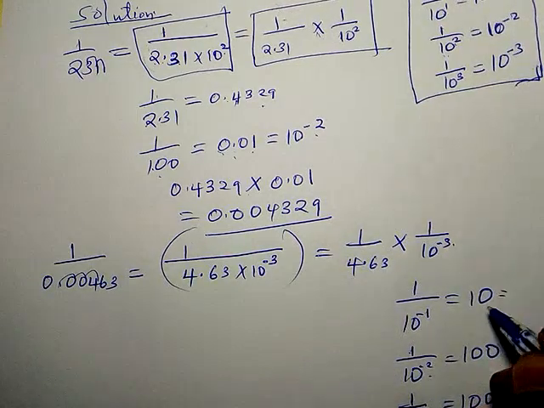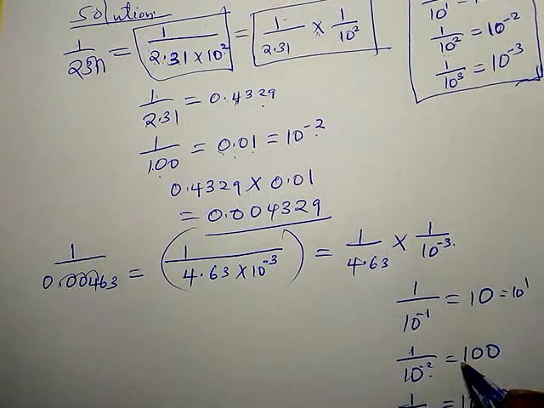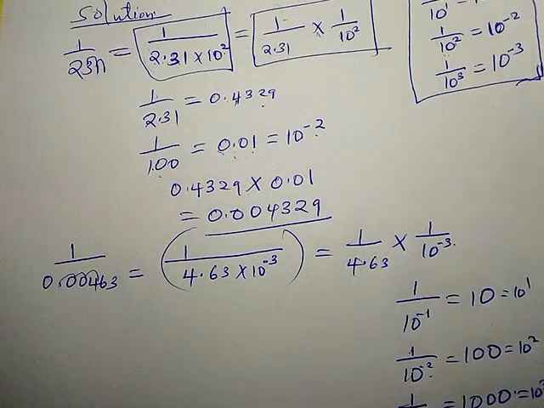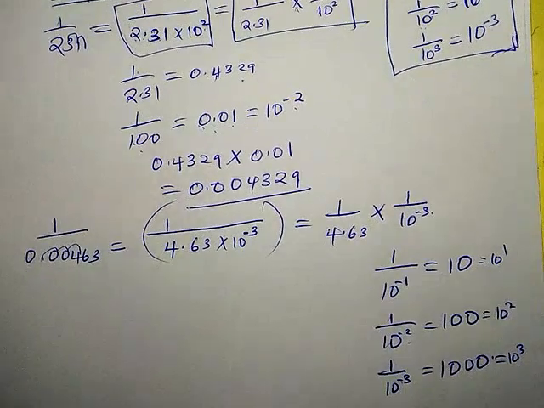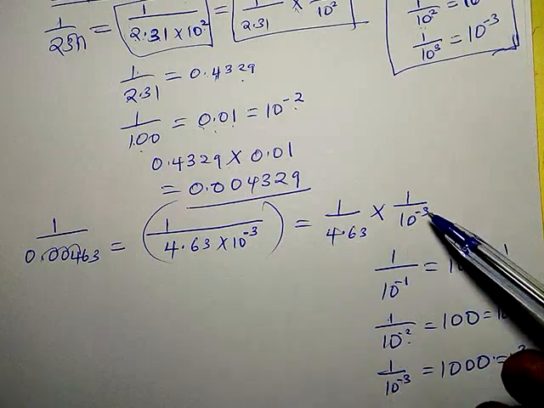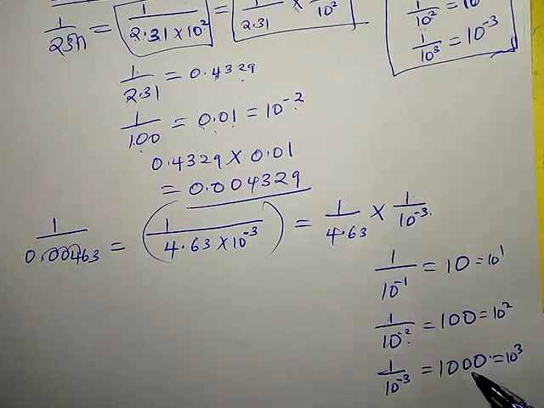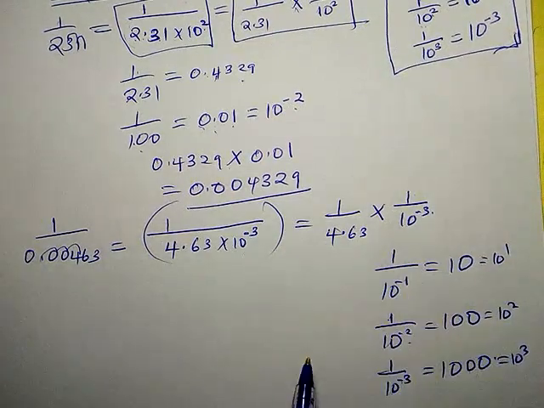Or in other words, this is the same as 10 raised to power 1, 10 raised to power 2, 10 raised to power 3. So whenever you see 1 over 10 raised to power negative 3, it means 1,000, so you multiply here times 1,000.